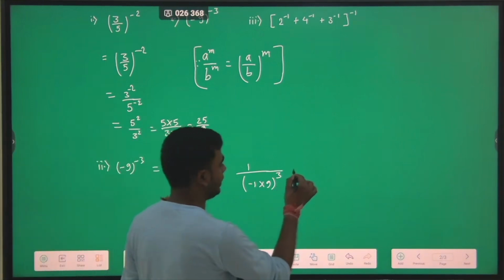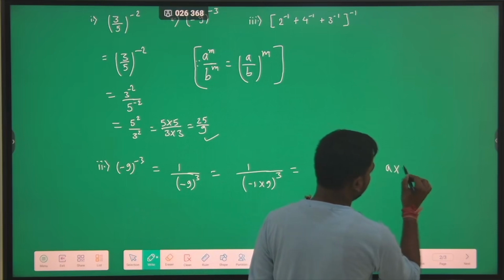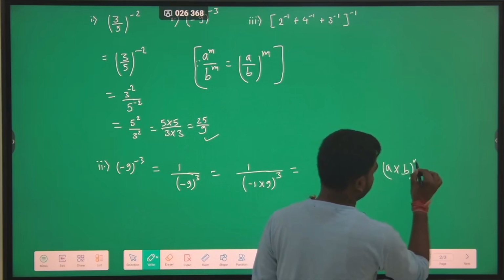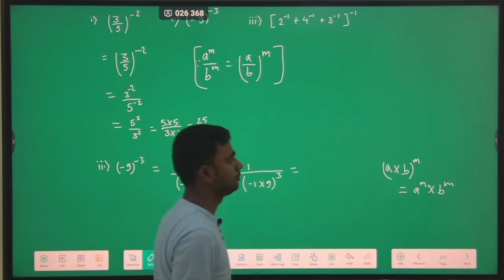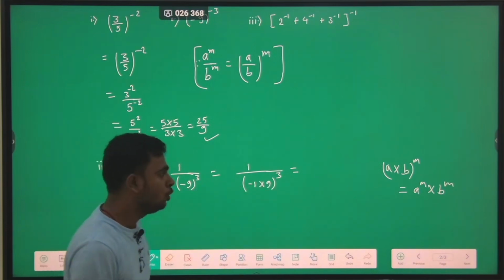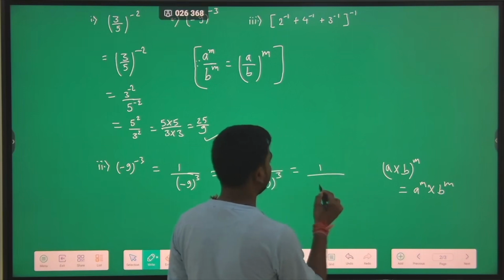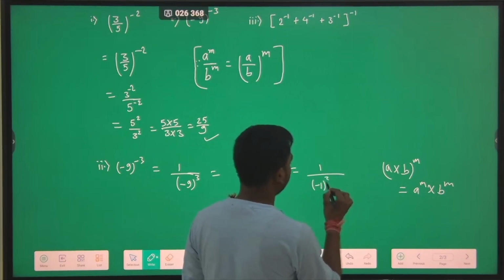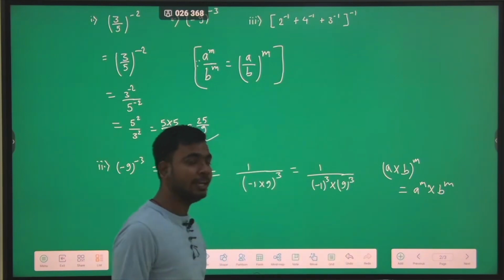So what is this value? Remember, if a into b to the power m is given, then its value will be a to the power m into b to the power m. So by using this concept, I can write it as minus 1 to the power 3 multiplied with 9 to the power 3. Okay.